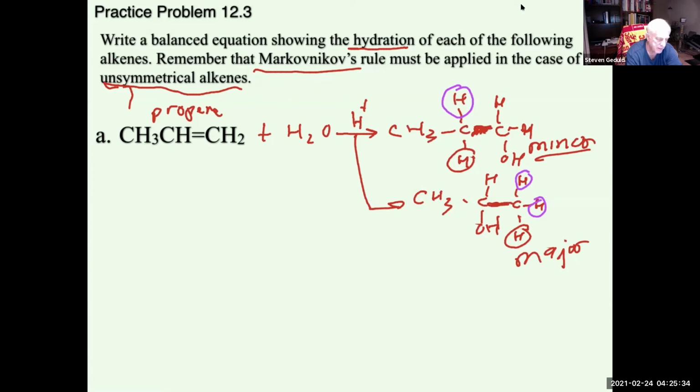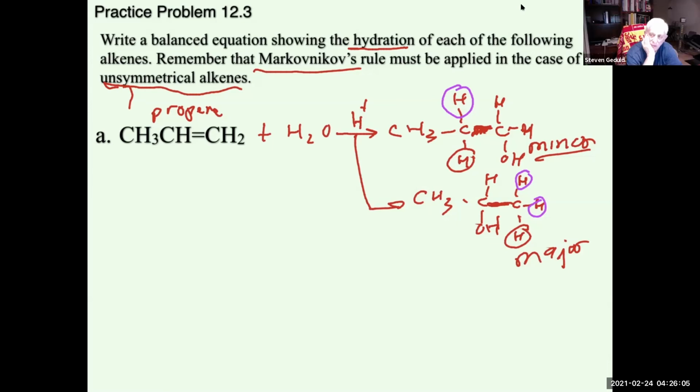So a typical question would be, starting with propene, what's the name of the major product for a hydration reaction? Because then you've got to figure out major and minor, and then you've got to name it. So what's the name of the minor product in this case? Propanol.